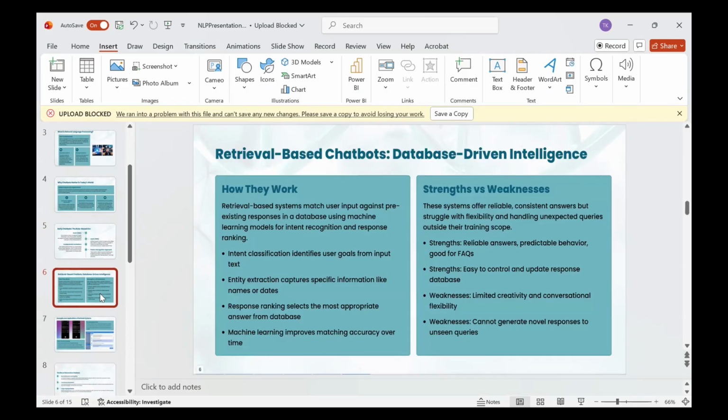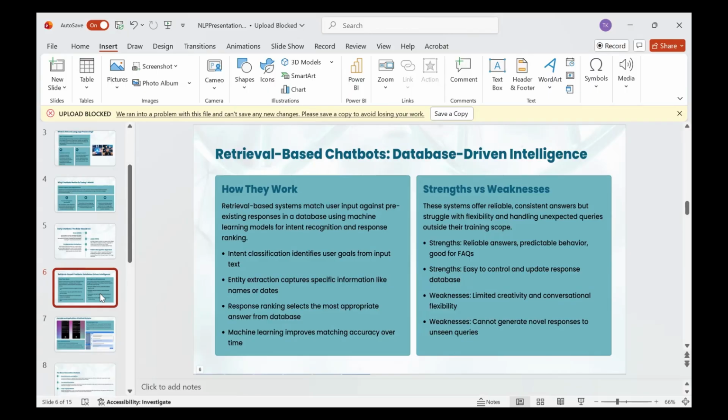Then came retrieval-based chatbots, which are completely database-driven intelligence. With retrieval-based systems, chatbots became smarter and more data-driven. These chatbots function by matching user input to predefined responses stored in a database. They use machine learning techniques such as intent classification, which identifies what the user wants, and entity extraction to capture relevant details like names and dates. After understanding the input, a response ranking algorithm selects the most suitable reply.